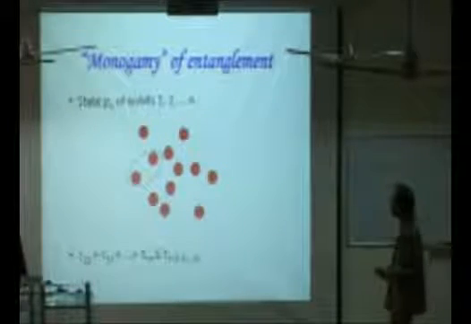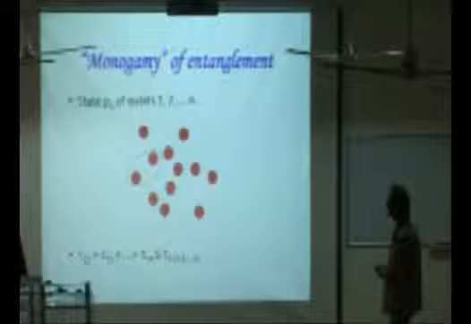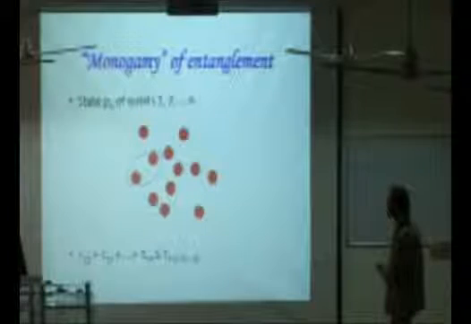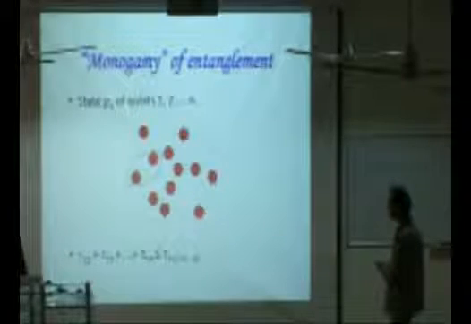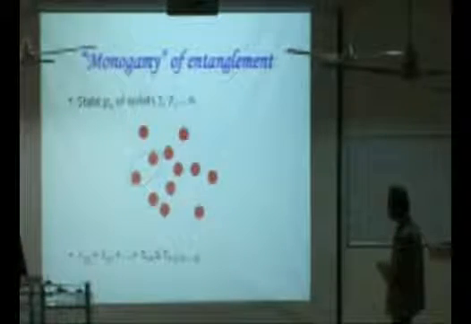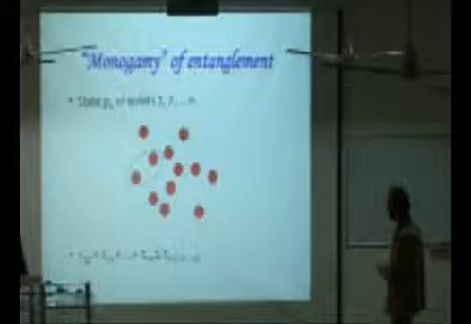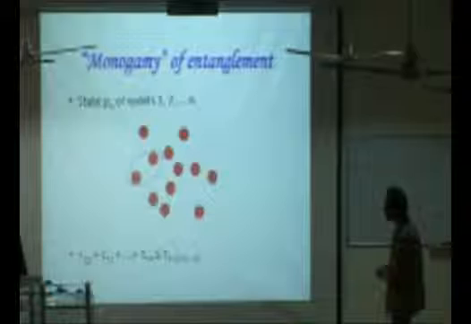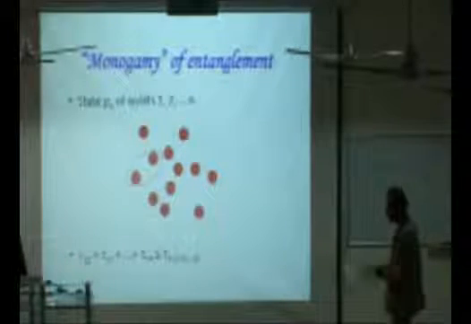It's a state rho_n of n particles, labeled 1, 2 up to n. It's a mixed state, can be pure, of this entire thing. And now you trace out everything except these two, and the entanglement of that I denote by tau_12, some measure of entanglement.